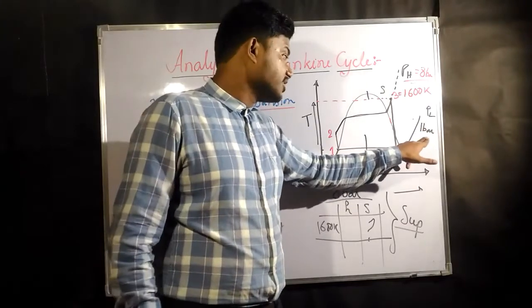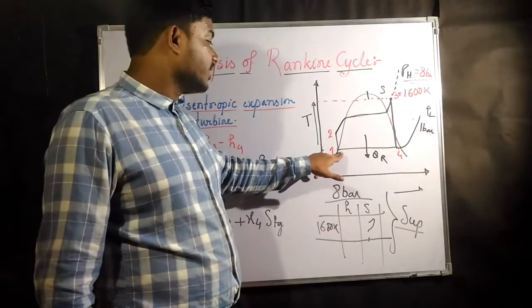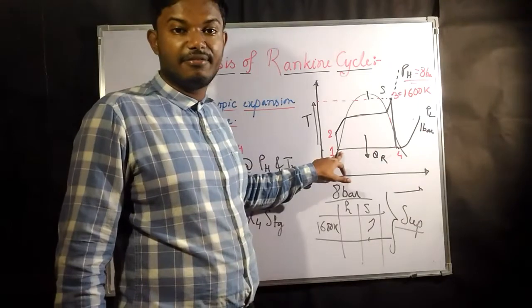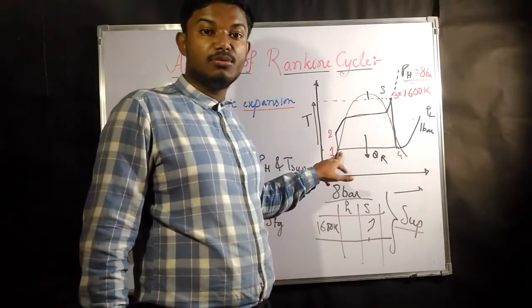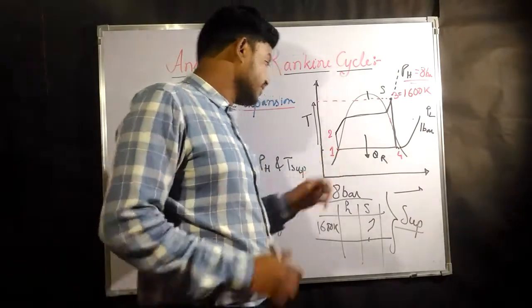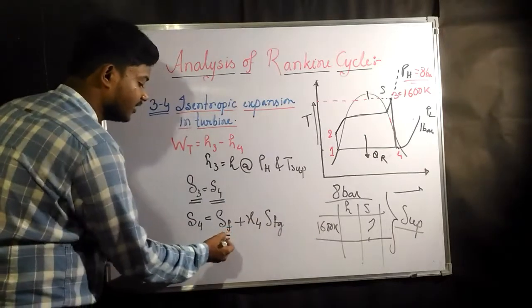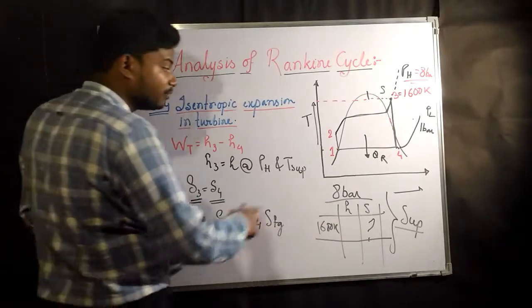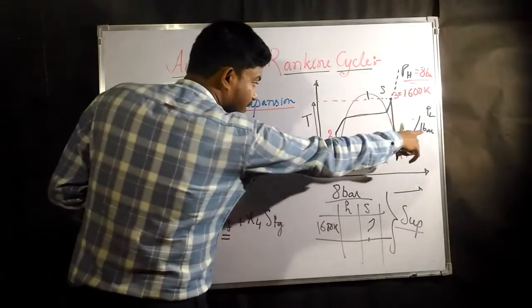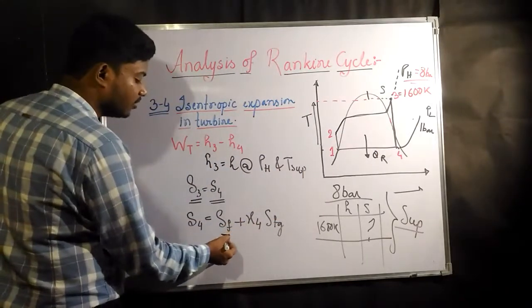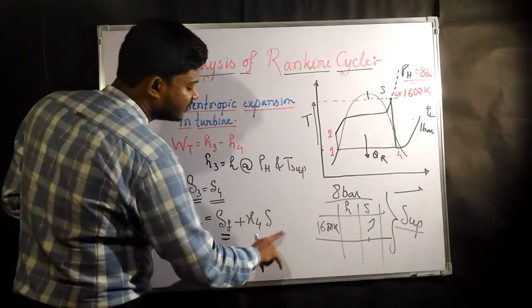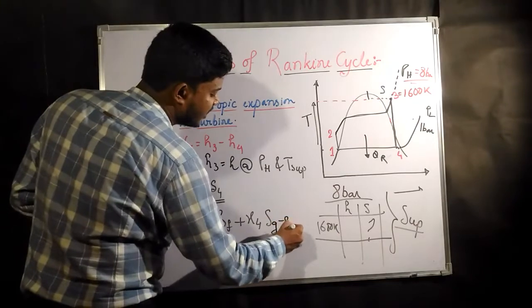At pressure 1 bar, what is going to be your SF? SF, that means entropy in fluid line at pressure 1 bar is this one. And SFG is what? SFG is nothing but SG minus SF.